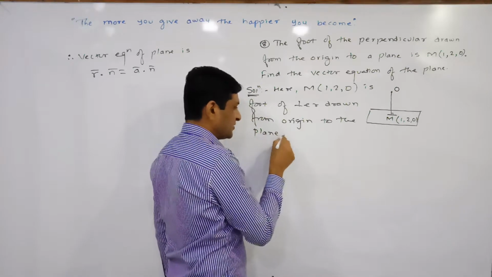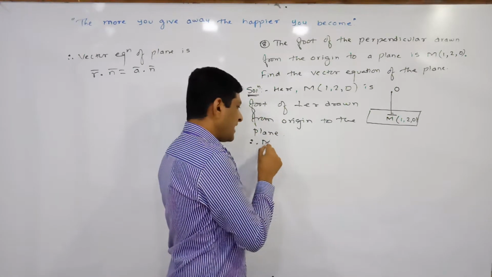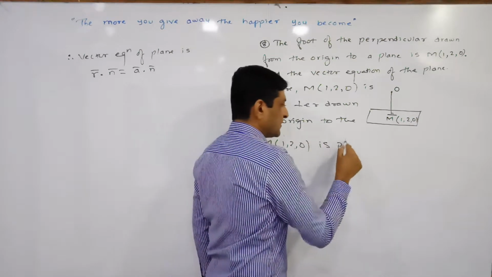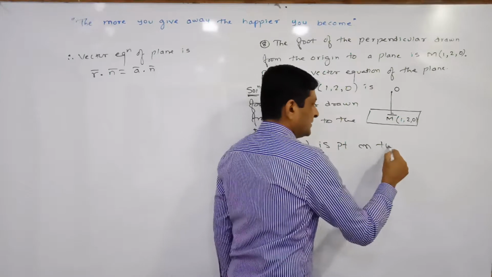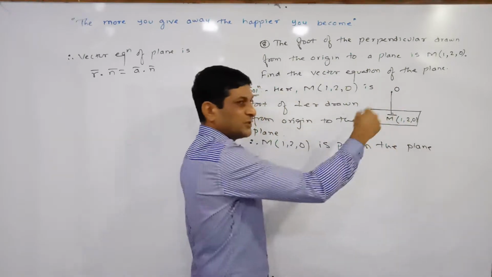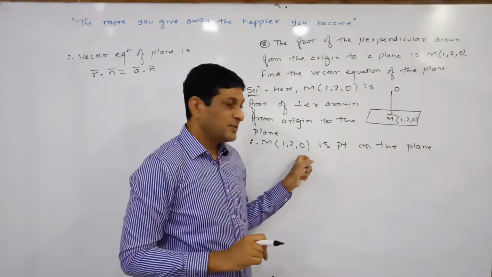This is given condition. So that's why we can say that therefore M having coordinate (1, 2, 0) is point on the plane. Since M is the foot of perpendicular drawn from origin to the plane, means we can say that M is point on the plane. So point on the plane is known to us.